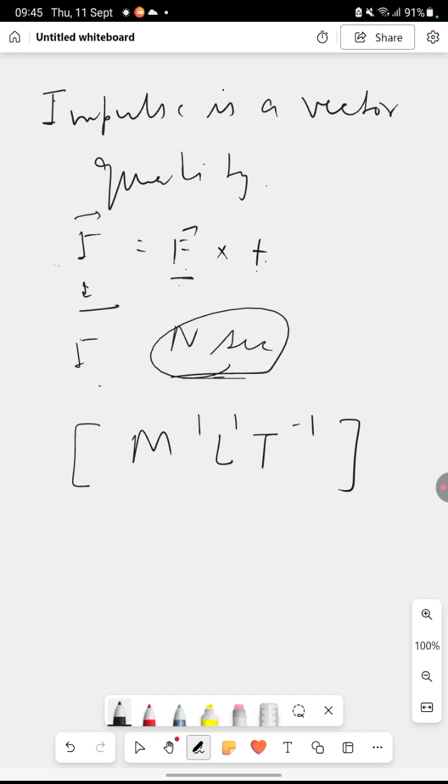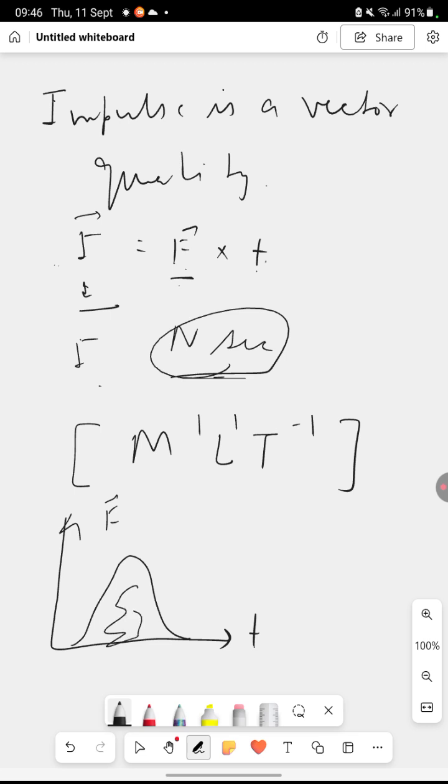Now we can also find impulse if we are given a graph between force and time. Here is the graph for force versus time. If we are given this graph, then we can find impulse by finding this area.